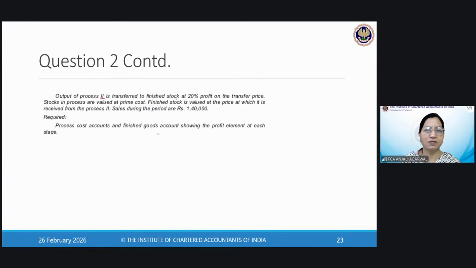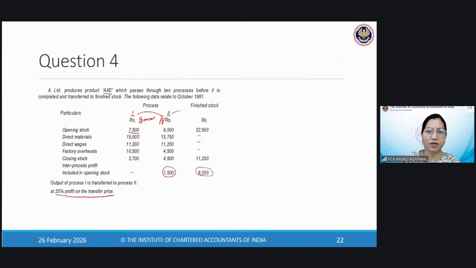Output of process two is transferred to finished stock at 20% profit on transfer price. Once again, 1/5 on transfer price will become 1/4 on cost. So whatever the cost is for process two, 1/4 profit it will add, and then it will move the goods to the finished stock account.